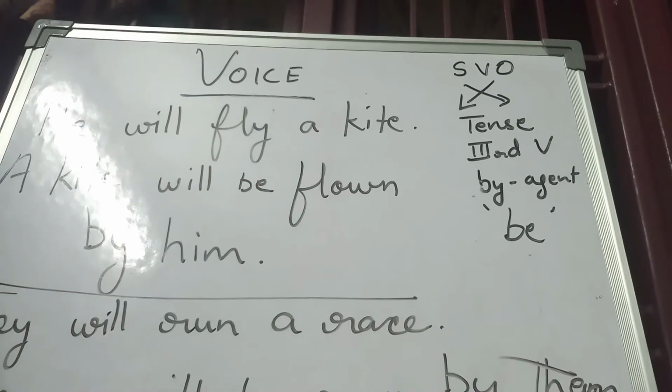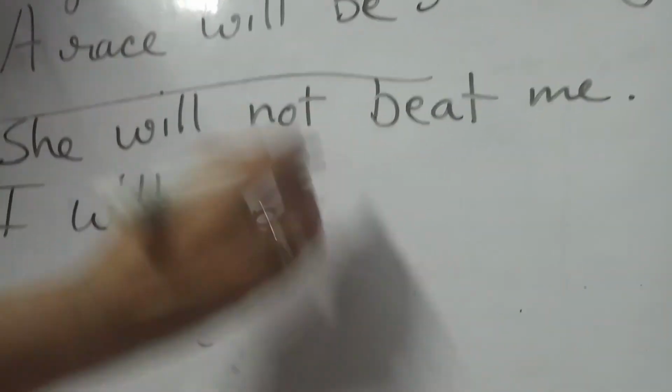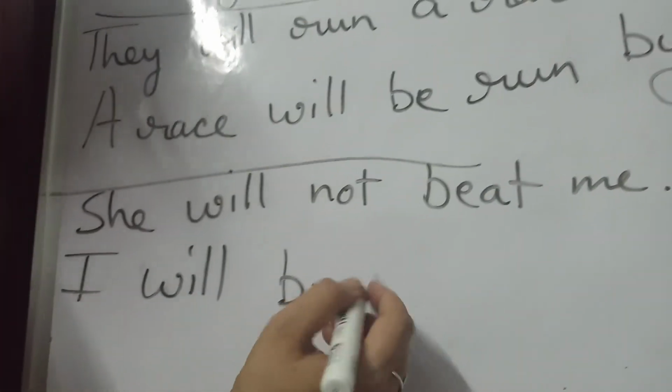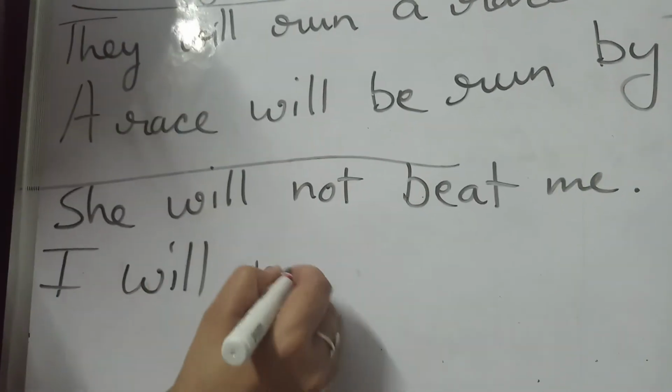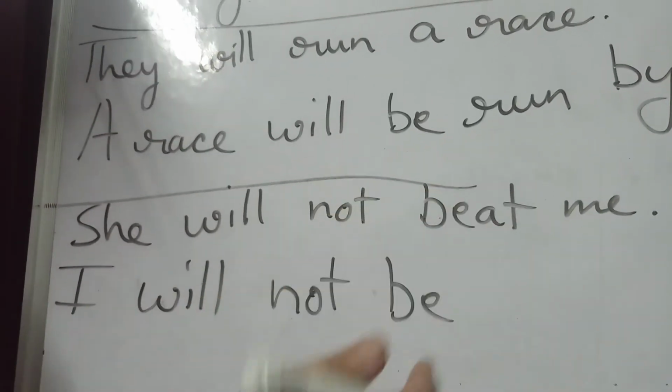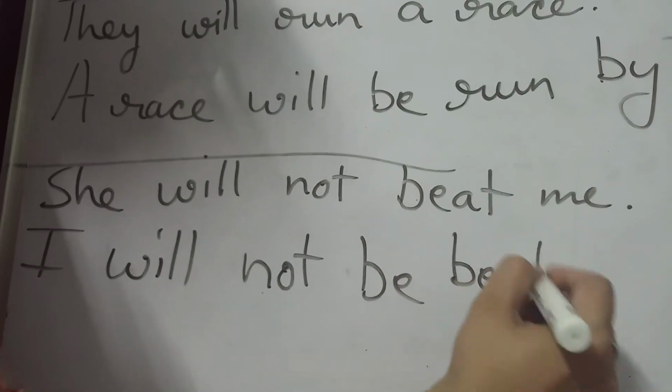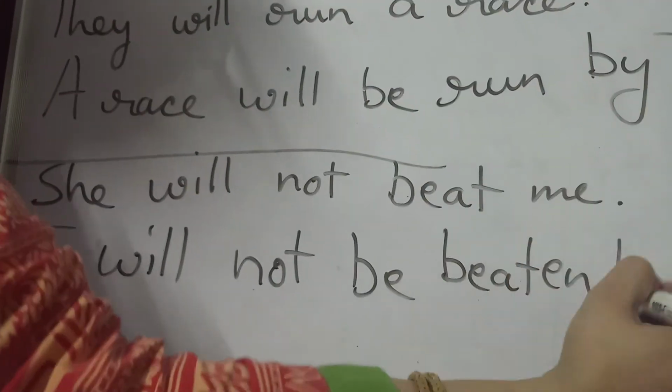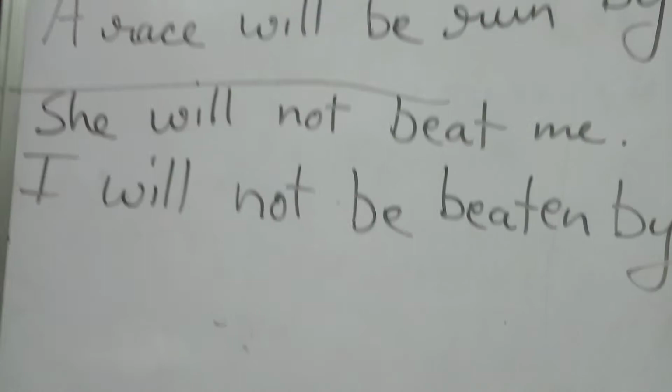With indefinite form, what do we keep? Be. Not be. Third form of beat, beaten. Agent, by. She becomes her.